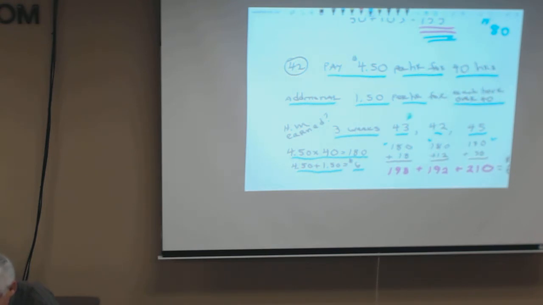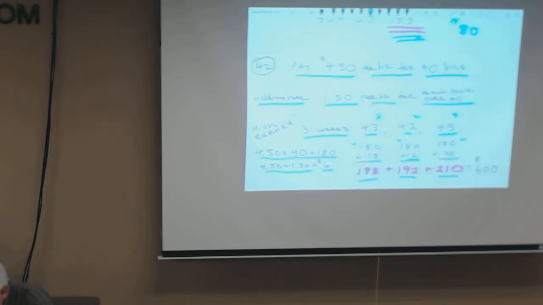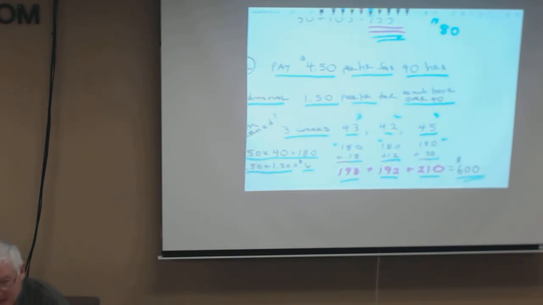So that's 18. $6 an hour for 2 hours, that's 12. And $6 an hour for 5 hours, that's 30. So he has 198, 192, and 210. And what's that add up to? $600.